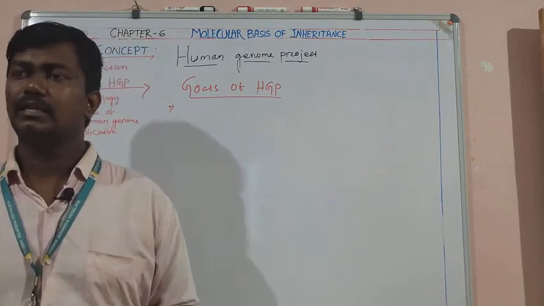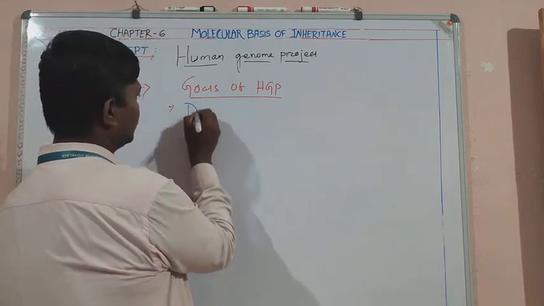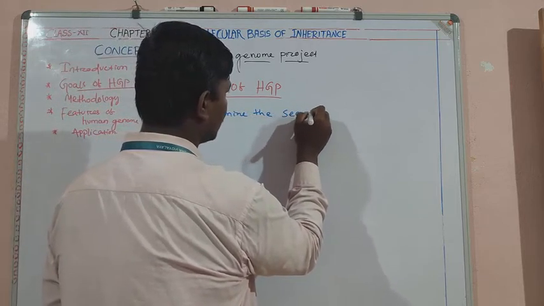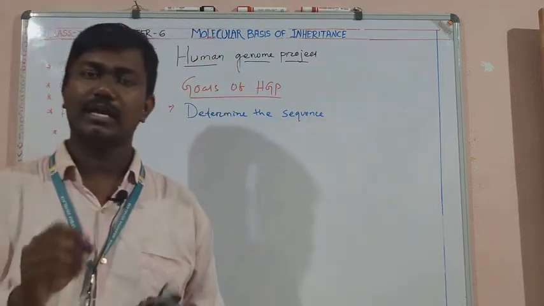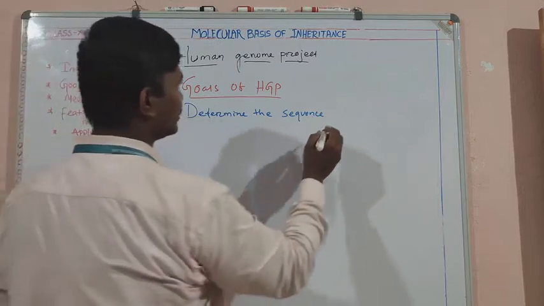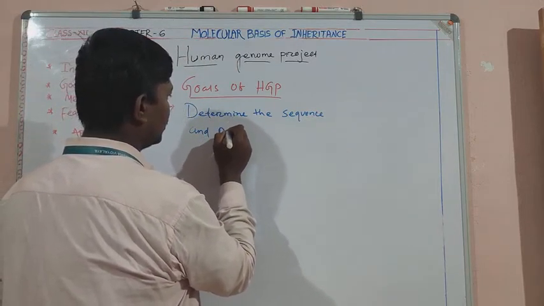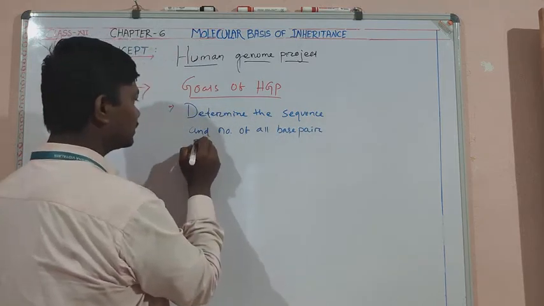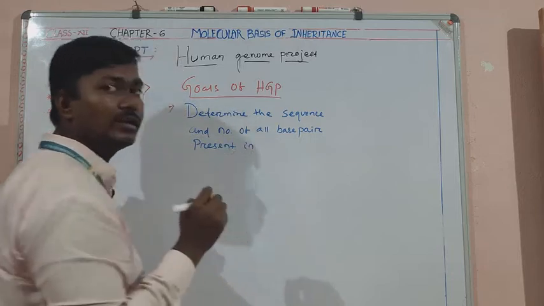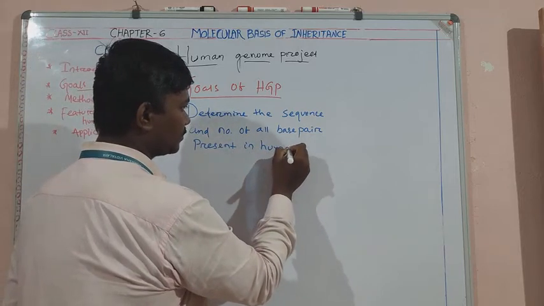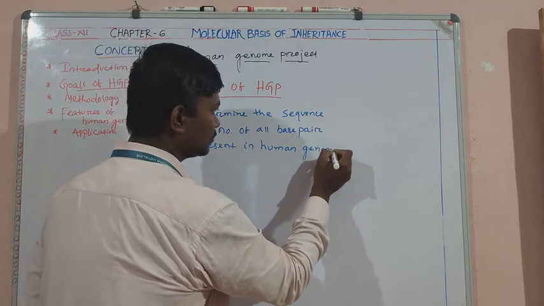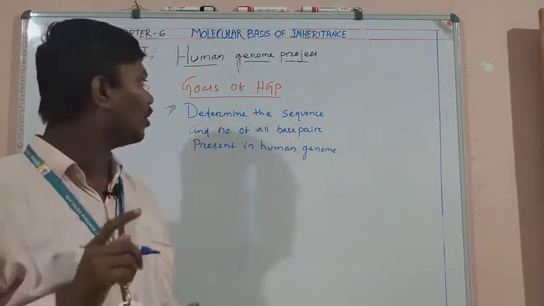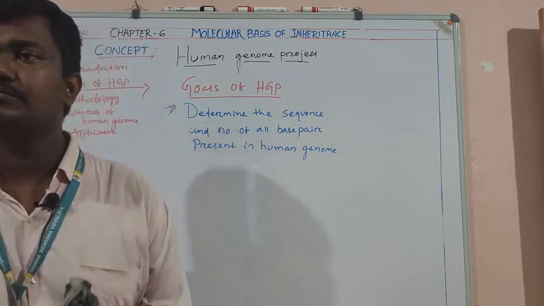The first goal is to determine the sequence and number of all base pairs present in human genome.